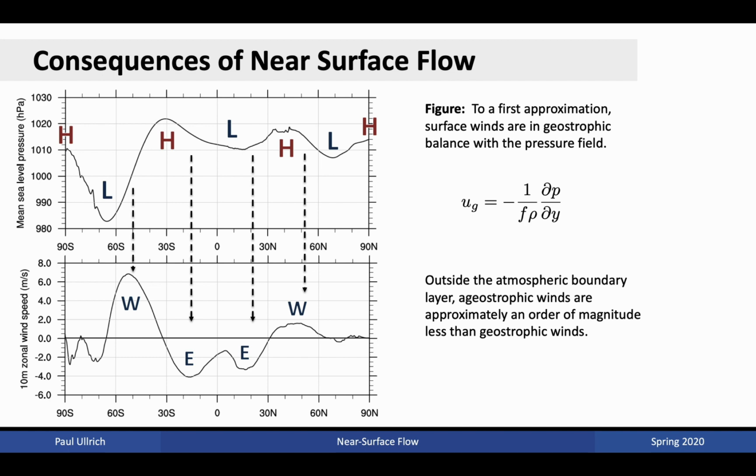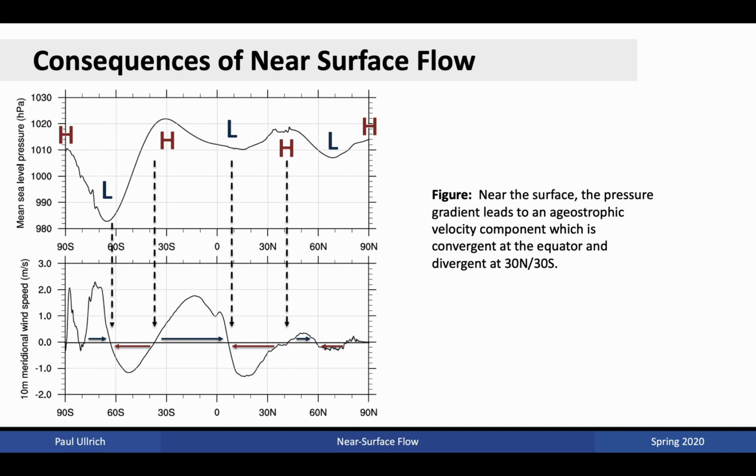So looking at the 10-meter zonal wind speed, or the near surface zonal wind speed here in the bottom diagram, our westerlies again correspond to regions where we have a poleward tendency towards lower pressures, and easterly flow in regions where we have a poleward tendency towards higher pressures, as anticipated.